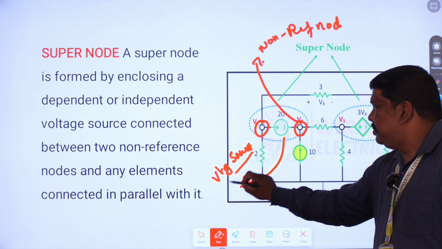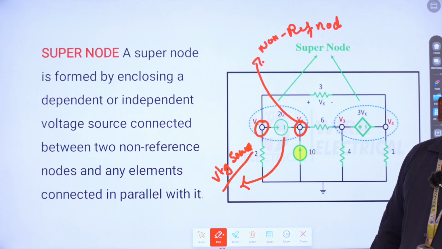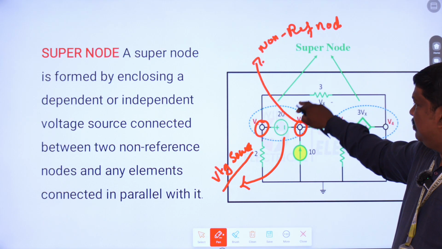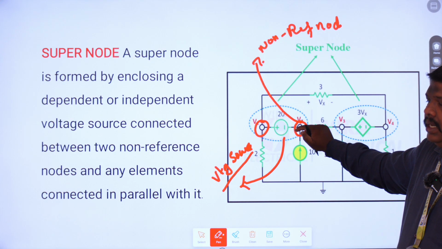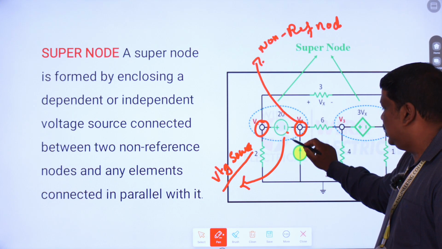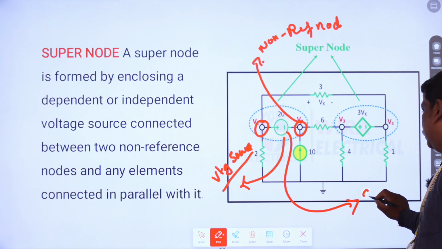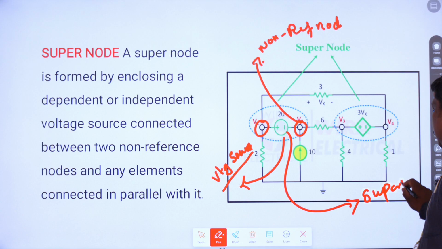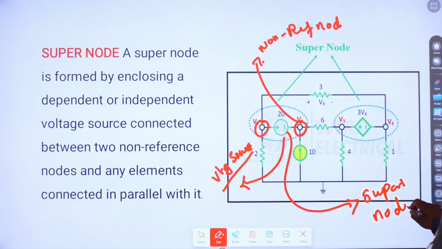The non-reference nodes where the voltage source is connected are represented as a supernode.